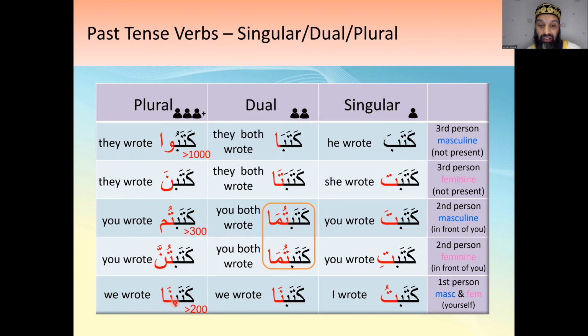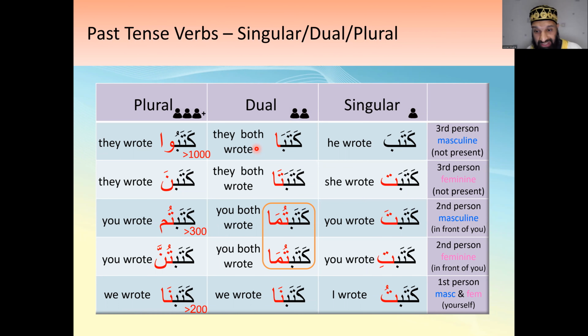That's how you can tell very quickly that the verb is past tense, because the word is starting from its original root letter. So something's attaching on the end. That's how you can tell a verb is past tense.